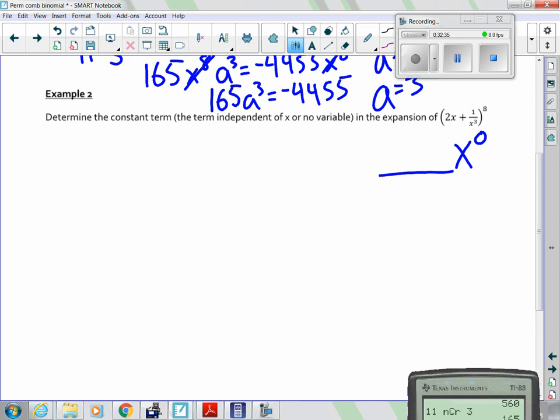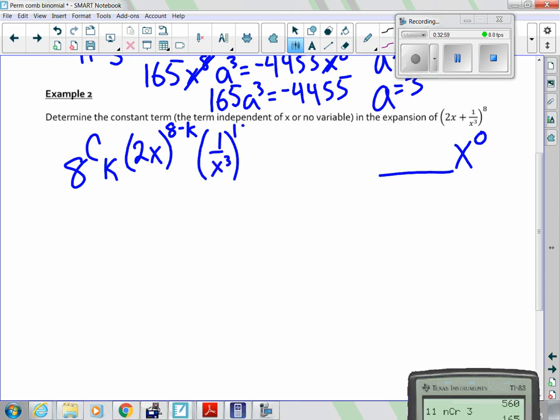So same thing we just did in the last example, except we're looking for a slightly different term. So this is going to be 8ck times 2x to the 8 minus k, and again I'll show you the algebraic as well as the McManus chart method, and 1 over x cubed to the k.